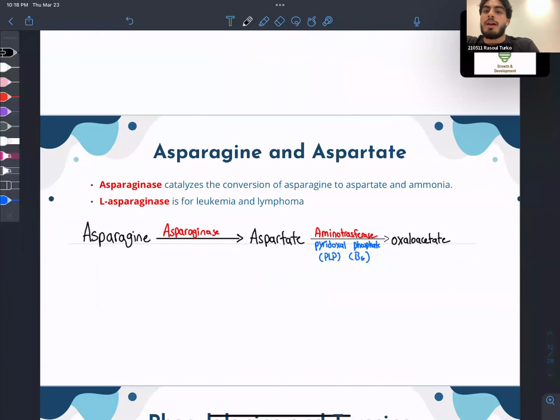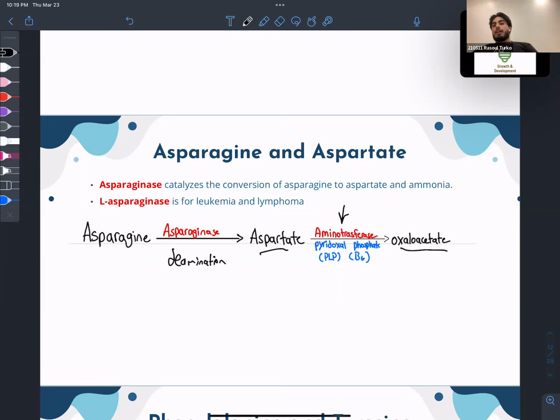For asparagine, we said this happens by a deamination reaction. Asparagine, by asparaginase, gives us aspartate, and that aspartate goes through aminotransferase to give us oxaloacetate. Those aminotransferases again need PLP or B6. Okay, pretty straightforward.